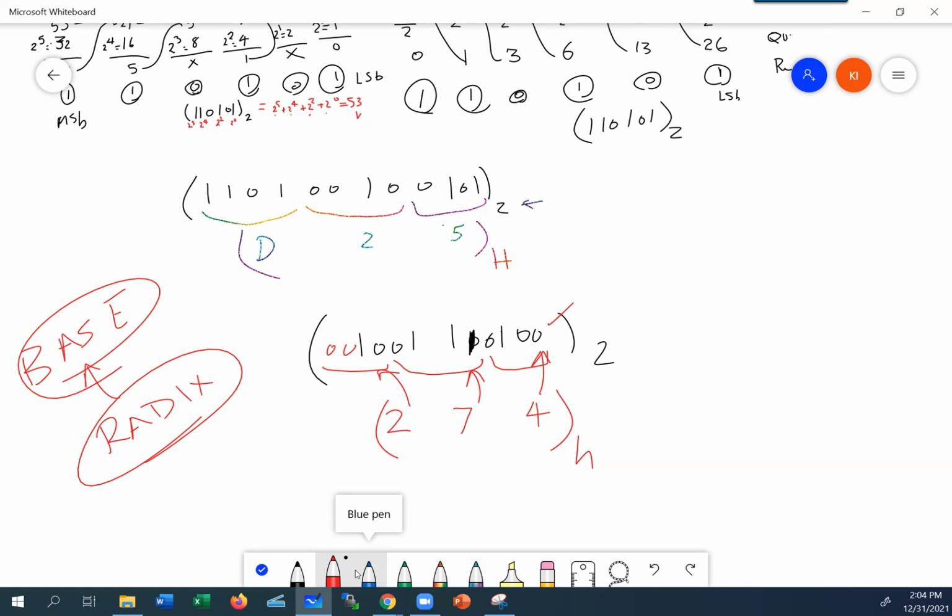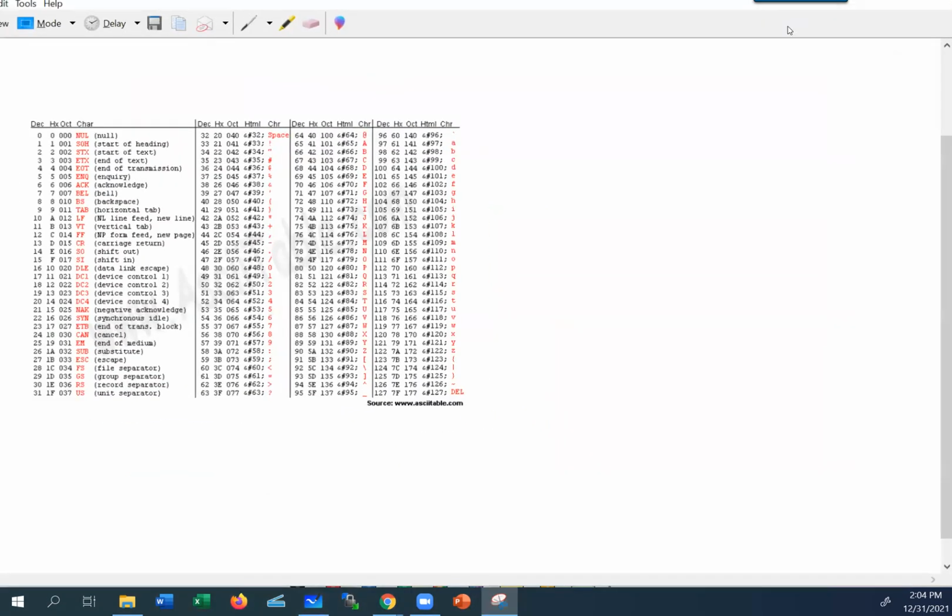Now, in your text, you are introduced to ASCII, which is the American Standard Code for Information Interchange. It's the commonly used coding for, let's say, when you get a character on your screen.